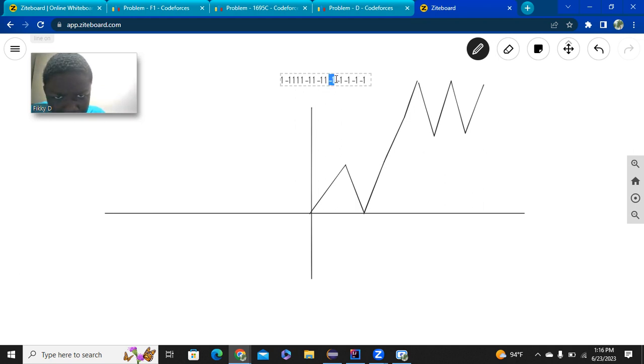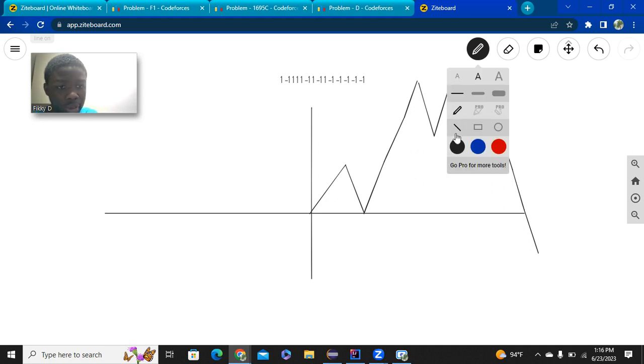Just to make this more interesting, the graph will look something like this. So if you were to plot this function, in fact, I'm going to now plot the points.